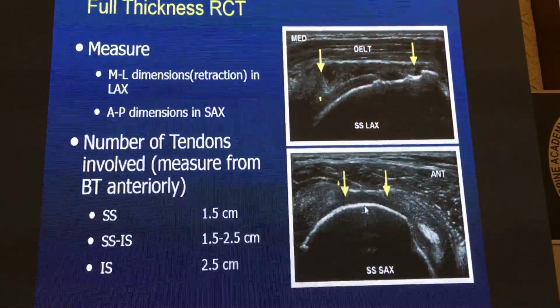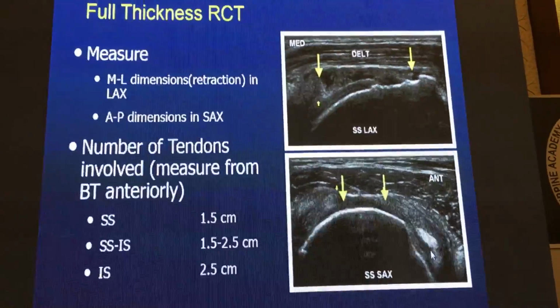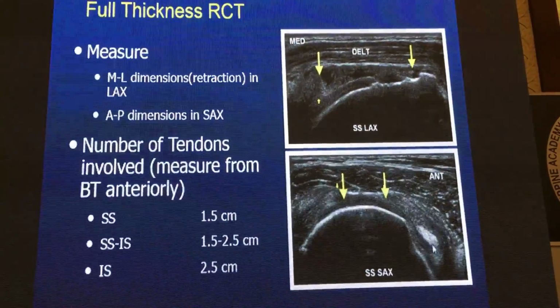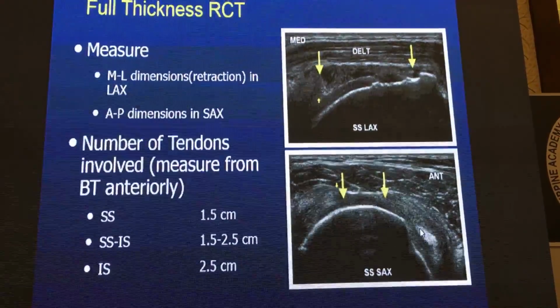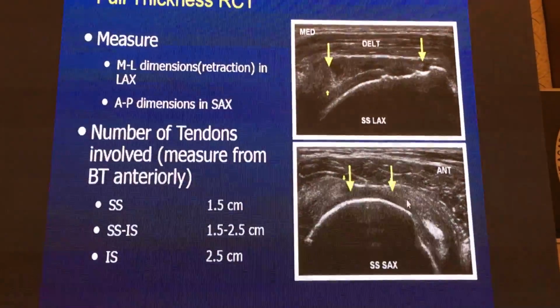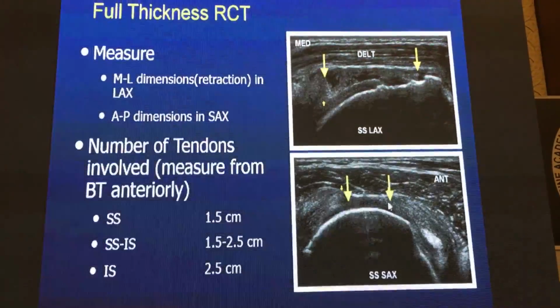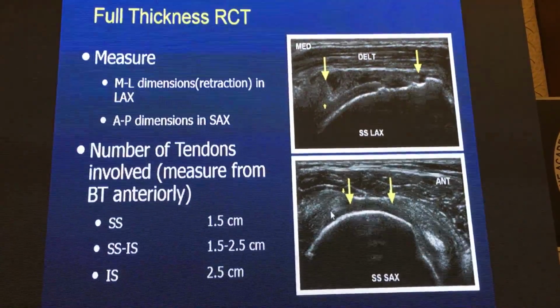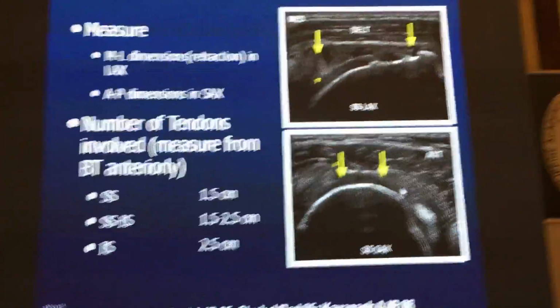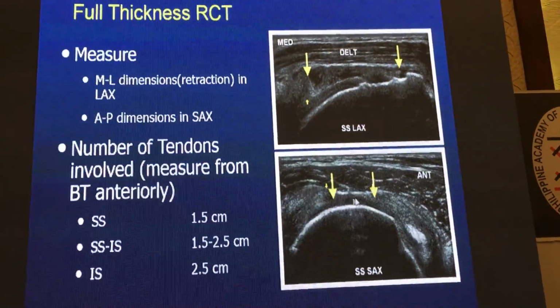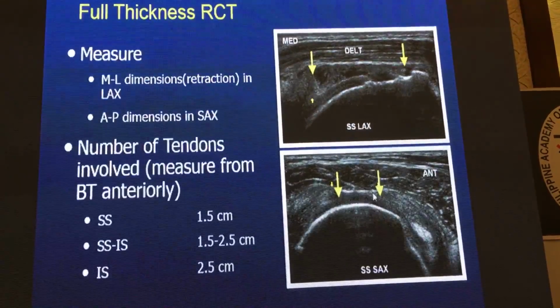Then you flip it into the short axis and you see how wide that tear is. Typically we want to do this in relation to the biceps tendon. If here's the biceps tendon, then the supraspinatus sits just posterior to that biceps tendon. So you should see supraspinatus from here extending back in this direction in the short axis. This person has some fibers intact anteriorly here, and then they have a defect right here.